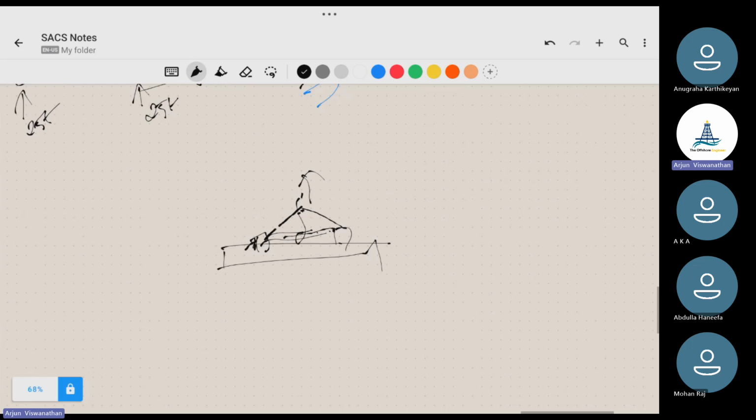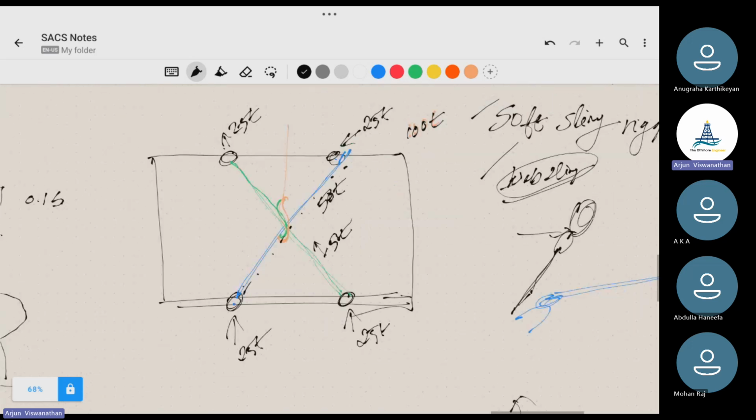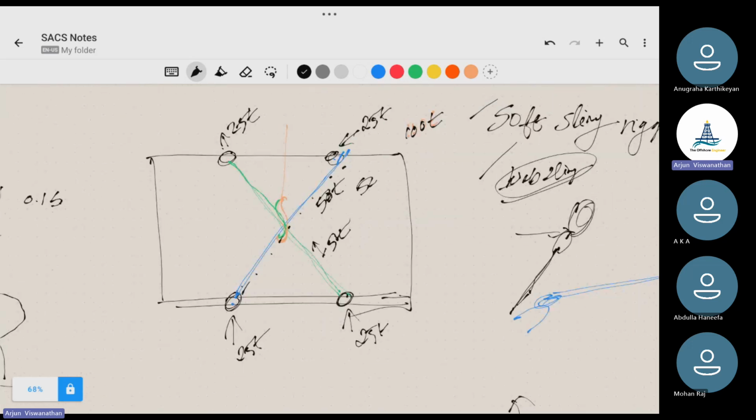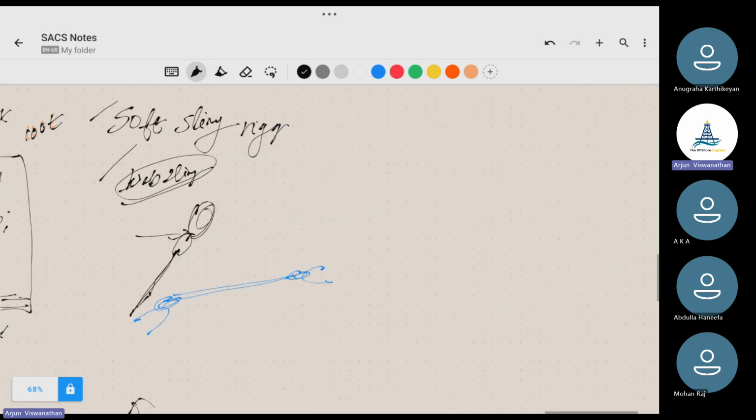So there will be some sort of load mismatch. Instead of 50-50%, the shorter one will take 50 plus X, and the longer one will take 50 minus X%.